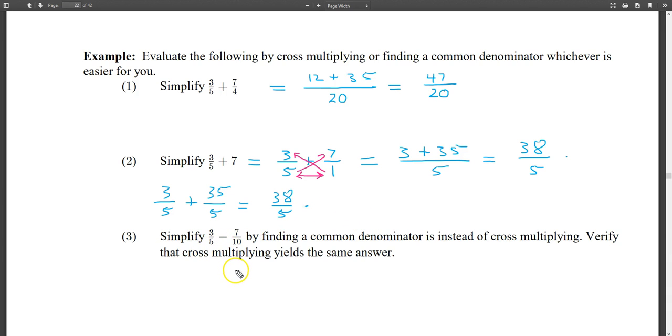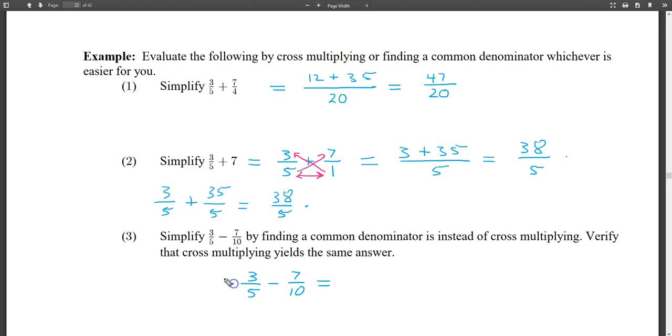Let's do this one. 3/5 minus 7 over 10. Now here the problem says to find a common denominator instead of cross multiplying and verify that you get the same answer with cross multiplying. So let's find a common denominator first. Obviously this is pretty easy.